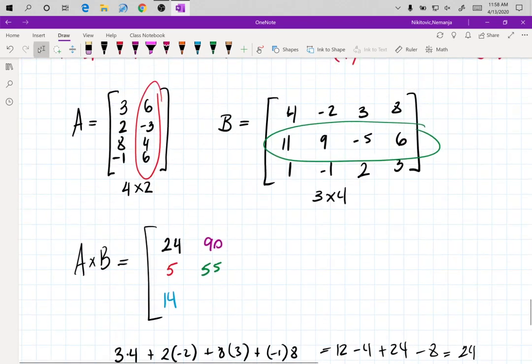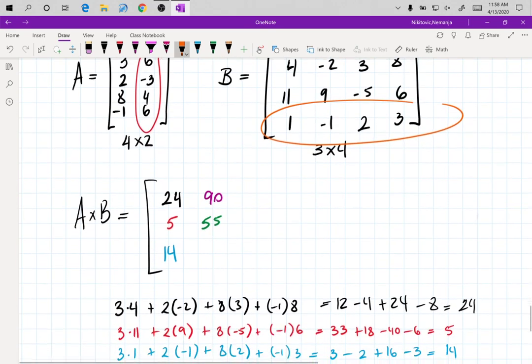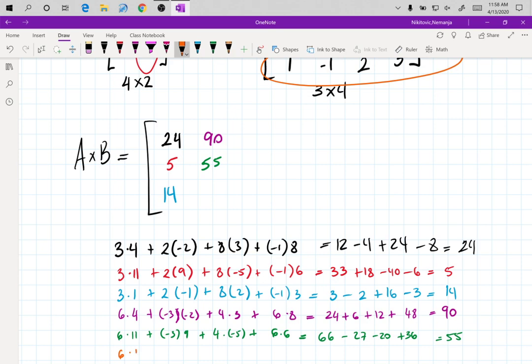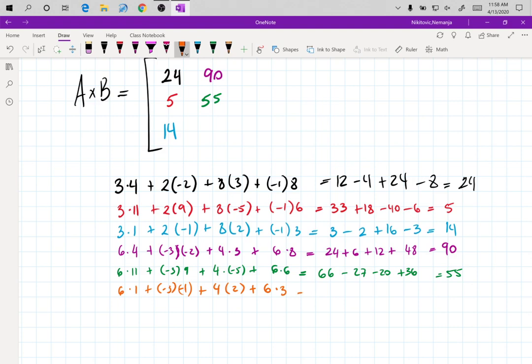And finally, what is the other color I haven't used yet? Orange. 6 times 1 plus negative 3 times negative 1 plus 4 times 2 plus 6 times 3 is 6 plus 3 plus 8 plus 18, right?